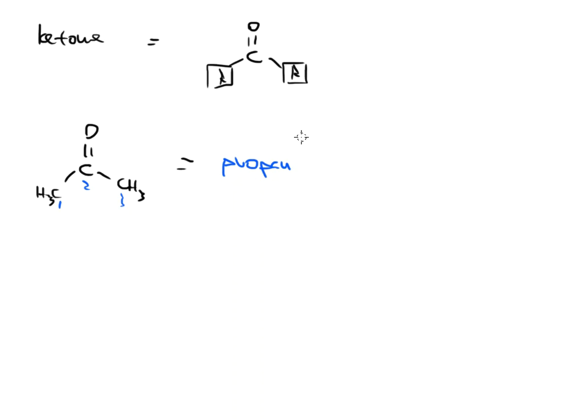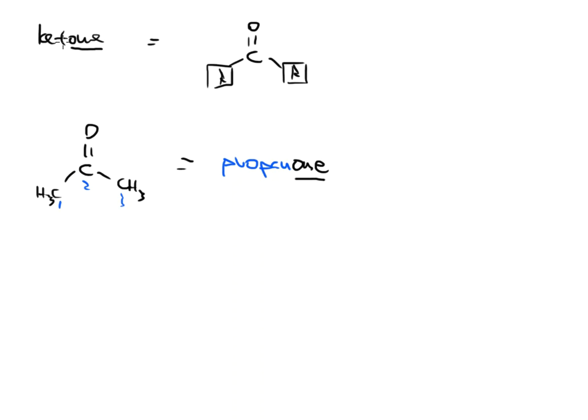Now, we're going to have to substitute the ending for the proper ketone ending. And the proper ketone ending is going to be an O and an N and an E. O-N-E. And the reason that they use O-N-E is because there's an O-N-E ending on the ketone.